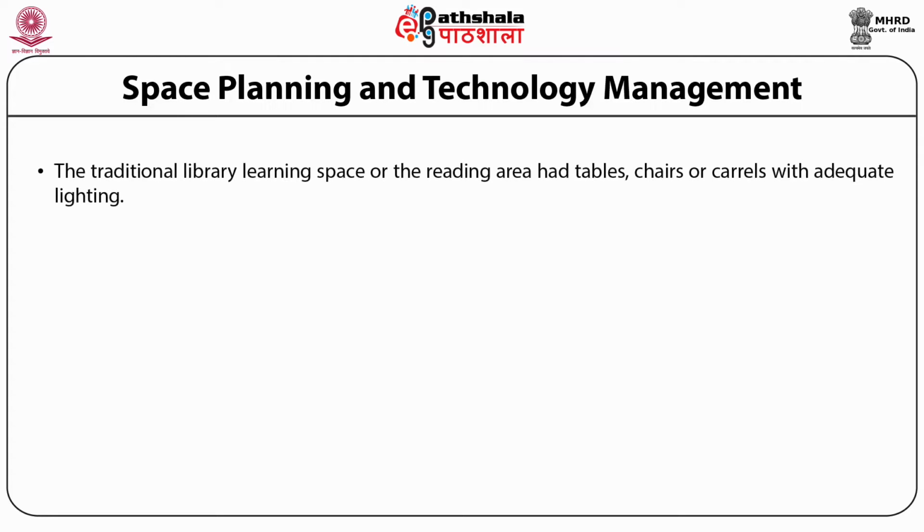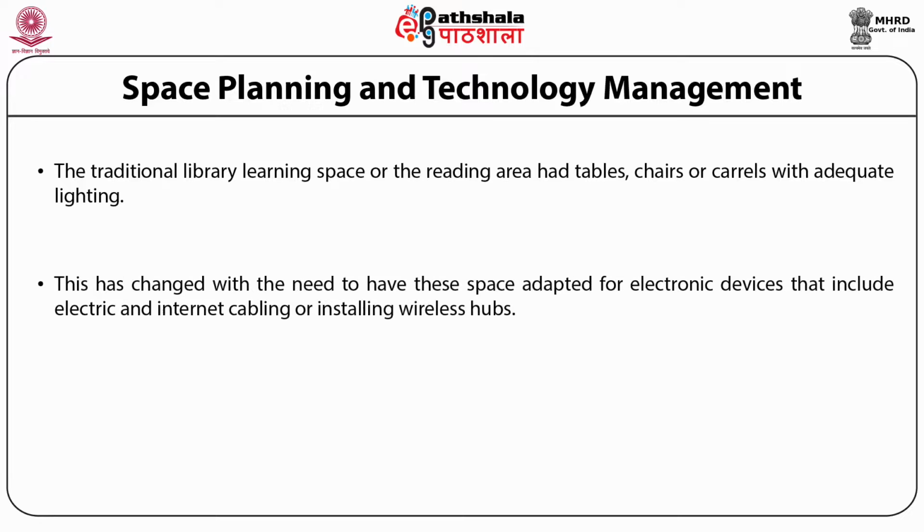The traditional library learning space or the reading area had tables, chairs, or carrels with adequate lighting. Now this has changed with the need to have this space adapted for electronic devices that include electric and internet cabling or installing wireless hubs.